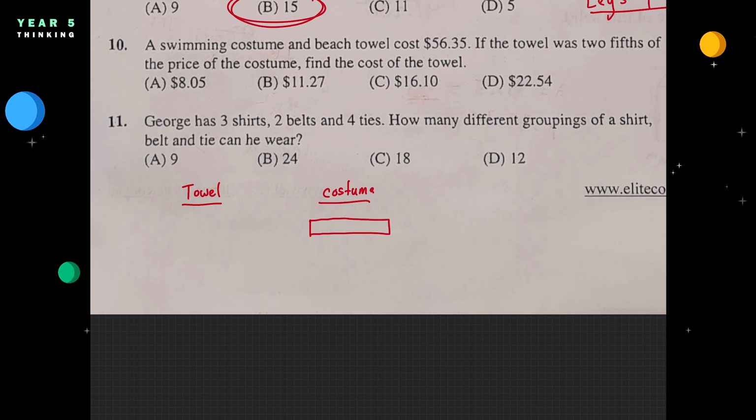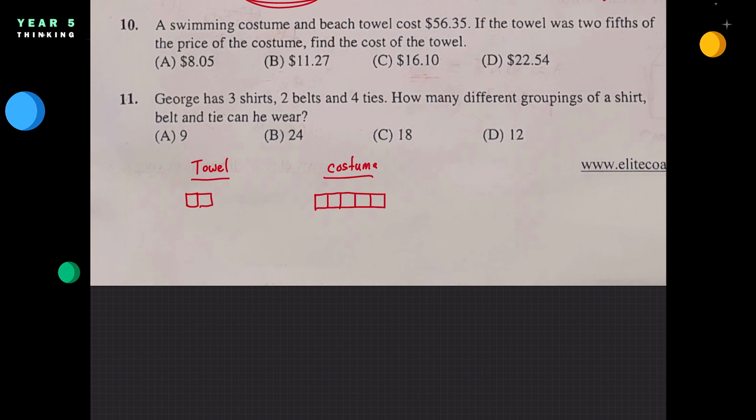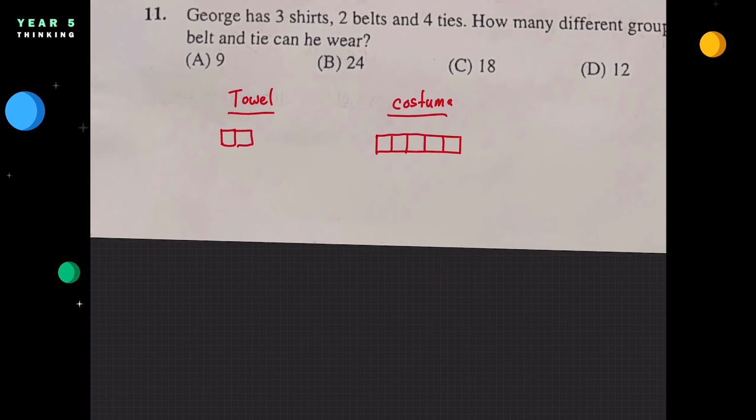So let's divide this into 5 pieces. There you go. Now the towel is 2/5 of that, so the towel only has 2 blocks. It's got 2 blocks and the costume has 5 blocks. If the towel was 2/5 the price of the costume, find the cost of the towel.